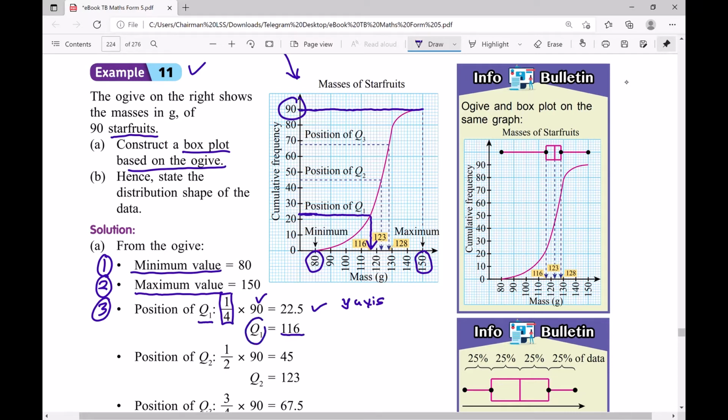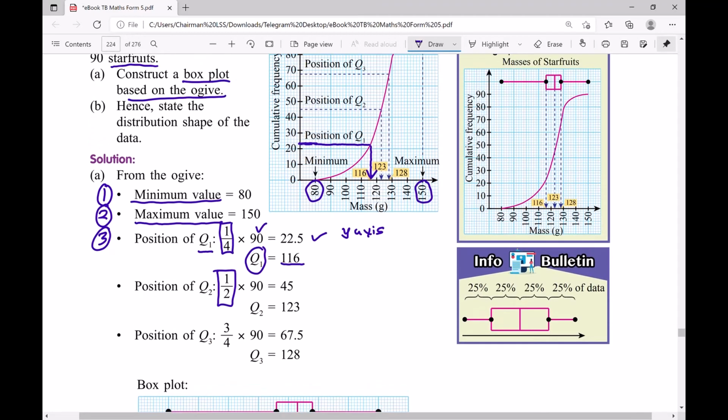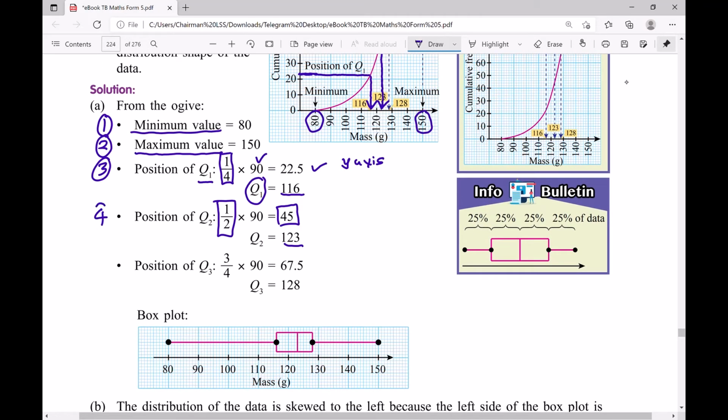Next, your second quartile is 1/2 times 90, which is 45. The position is the 45th position, between 40 and 50. You just find the value on the x-axis, and this is data number 4.